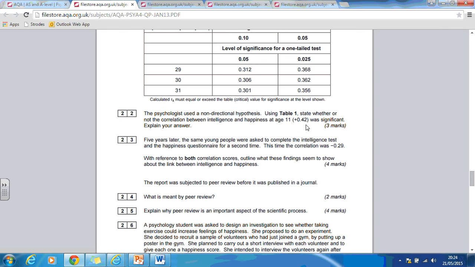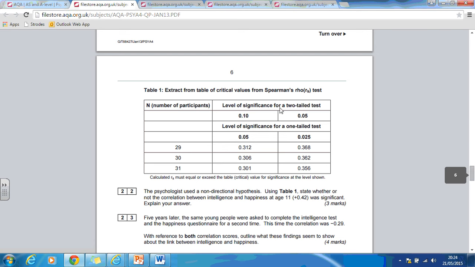Now, we're looking at 0.42. So we're looking at row 30, at two-tailed, the level of significance here is 0.05. So we're looking just at these numbers, because remember, these numbers here actually relate to the one-tailed test.